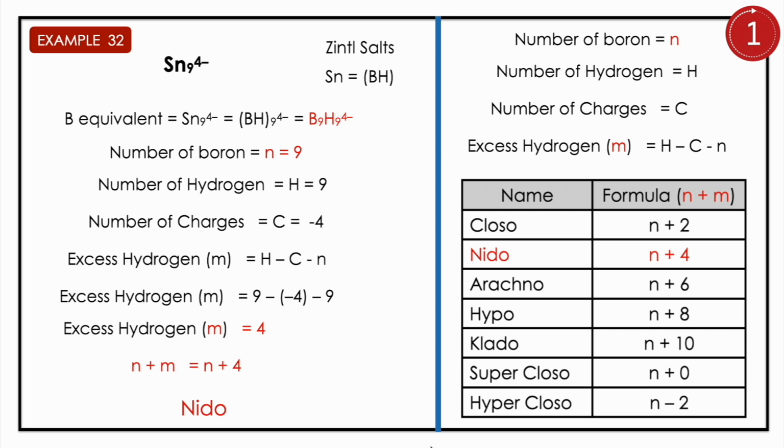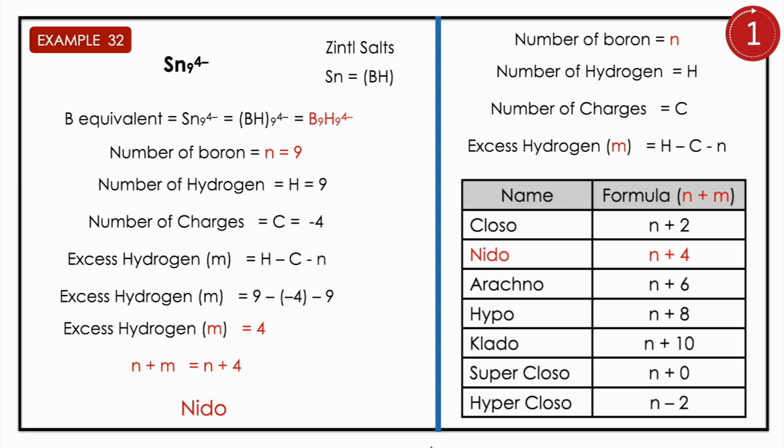We can apply Wade's rule. For that, the first step will be counting the boron. Borons are 9, so N equals 9. Hydrogens are 9, so H is 9. Charge is minus 4, C is minus 4. So the excess of hydrogen will be M equals H minus C minus N. H is 9.